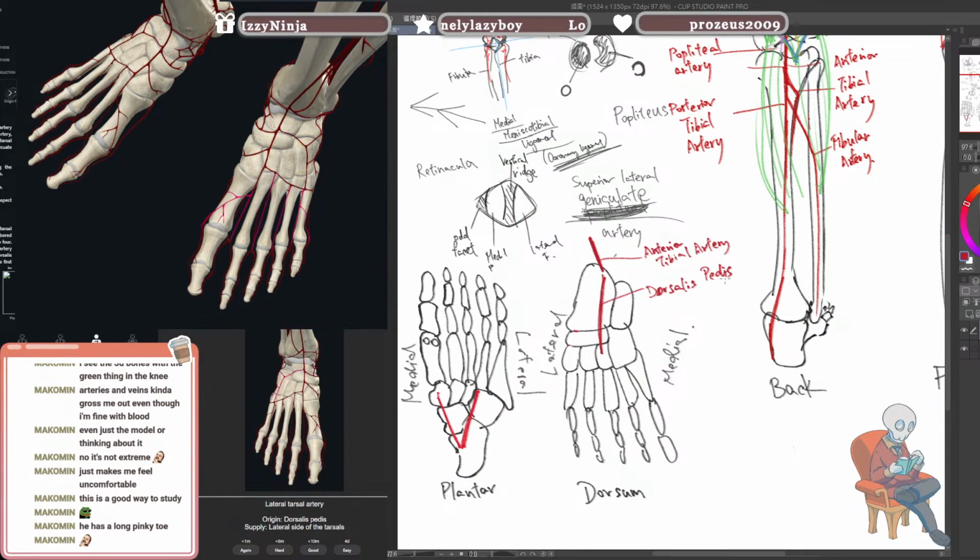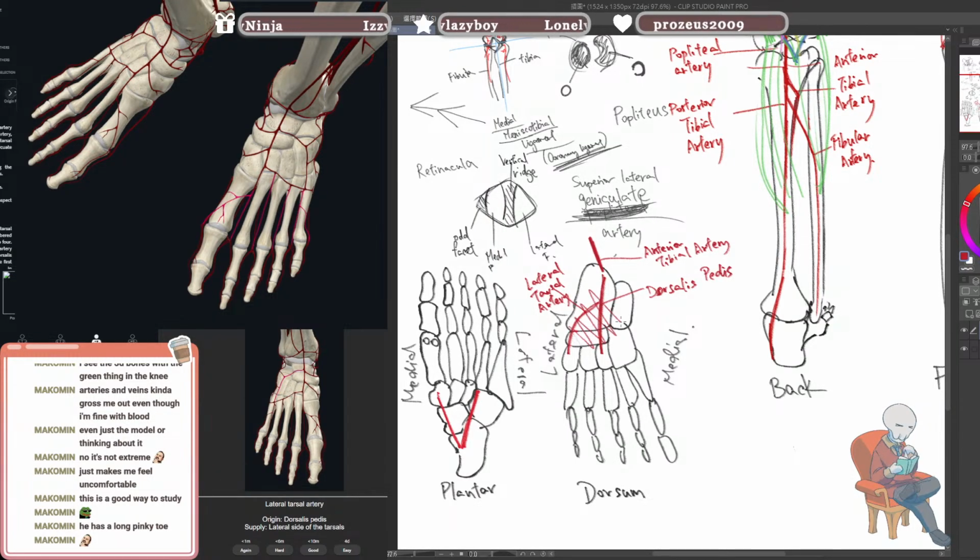Yep. And then if it goes to the side, like that, it'll be the lateral tarsal artery, because it's on top of tarsal bones.